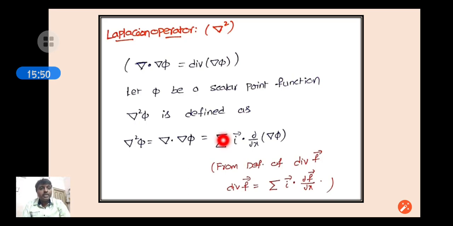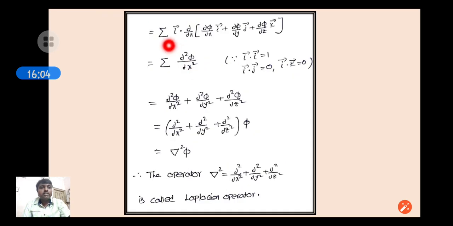Del phi is nothing but the gradient of a scalar point function. So the summation i bar dot ∂/∂x of, writing the definition of del phi, ∂phi/∂x i bar plus ∂phi/∂y j bar plus ∂phi/∂z k bar.